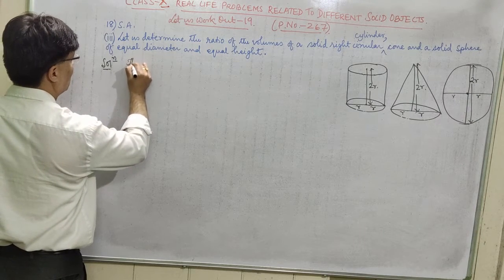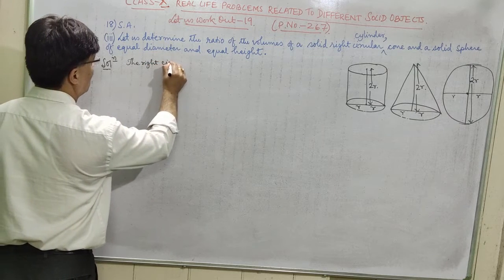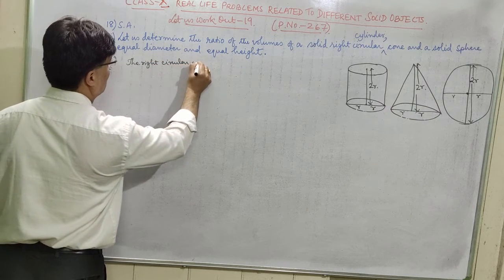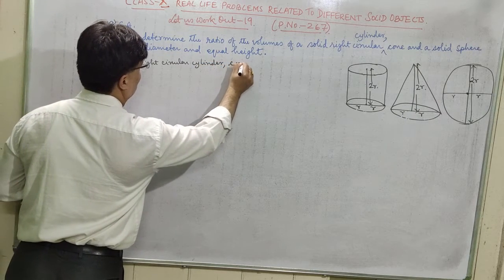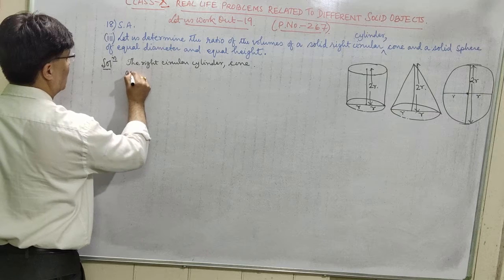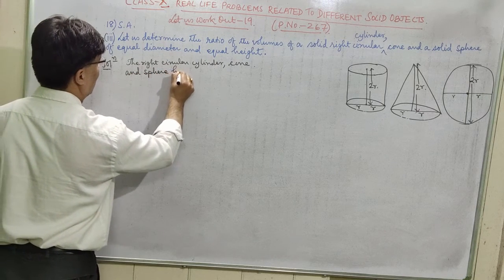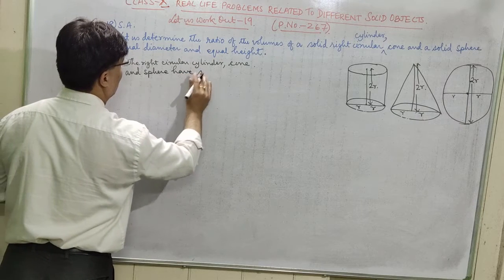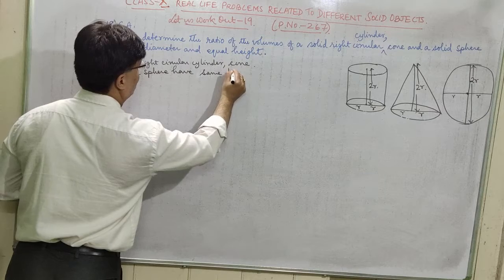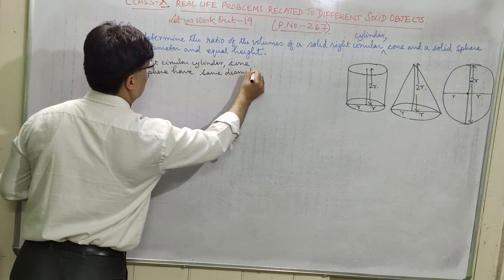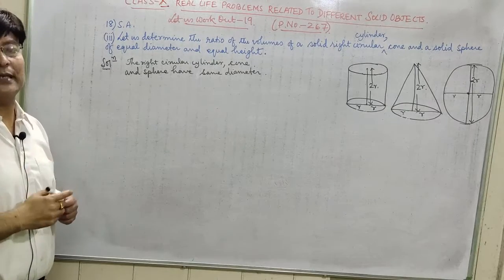The right circular cylinder, cone and sphere have same diameter.